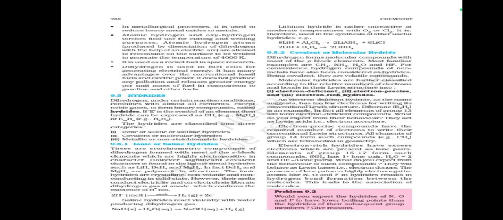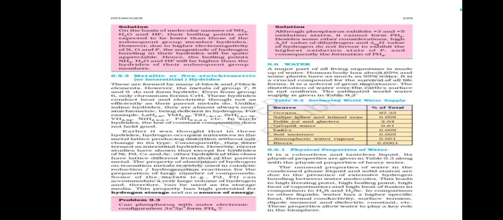Problem 9.2. Would you expect the hydrides of N, O, and F to have a lower boiling point than the hydrides of their subsequent group members? Give reasons on the basis of molecular masses of NH3, H2O, and HF.